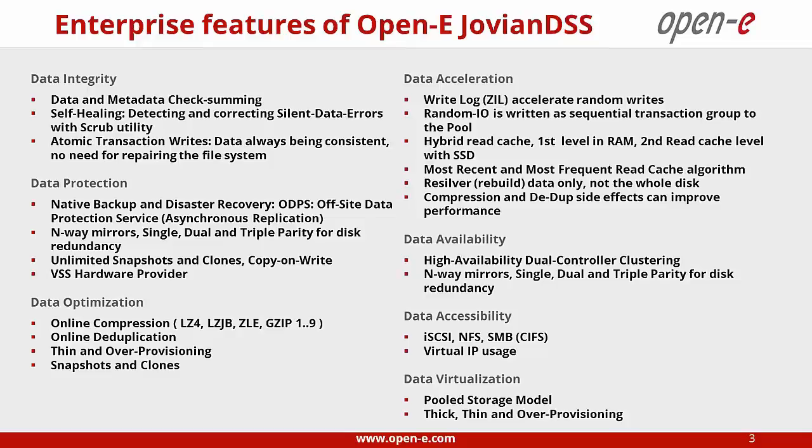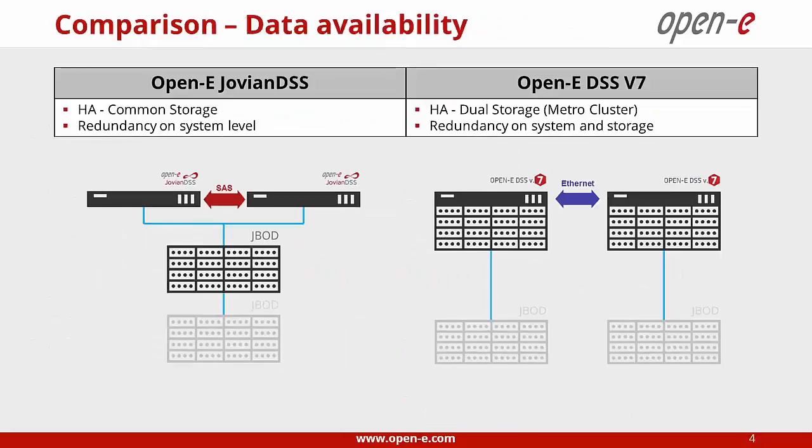So let us go to the typical cluster setups. The easiest, and we have a comparison with our DSS v7 just for better understanding. The very first possible choice: you will have 2 cluster nodes and a shared JBOD. Of course you can have one or more JBODs.